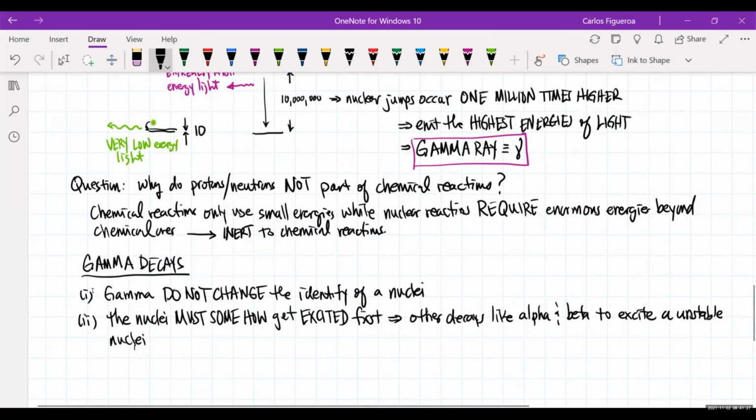And so what happens then is that we go from here, we take A.